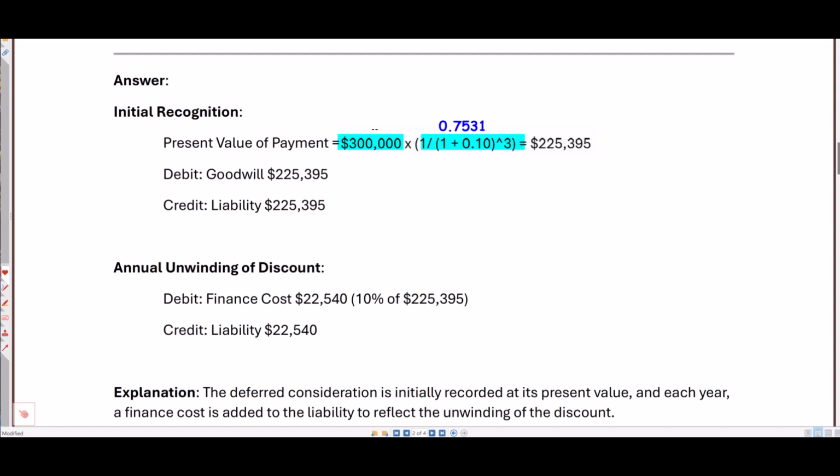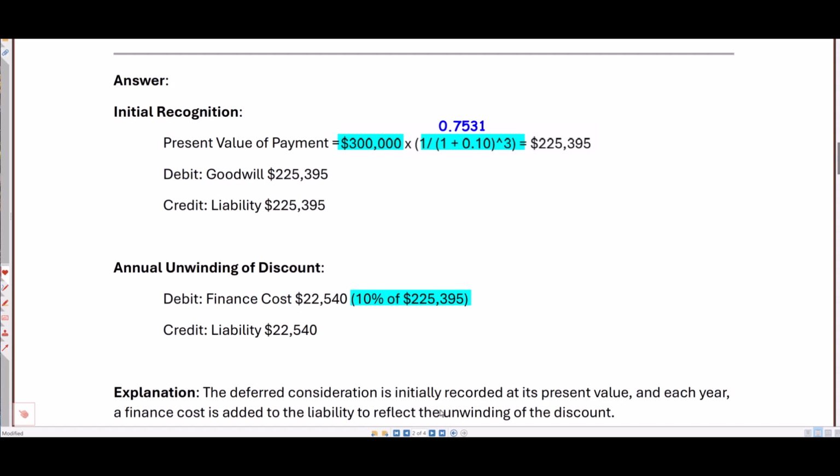When you multiply those together, you get 225,395. So that means we're going to debit goodwill, credit the liability with that amount, and then the discounting will be multiplying the opening balance on the liability, which is 225,395, by 10%. Debit finance cost, credit the liability to increase it.